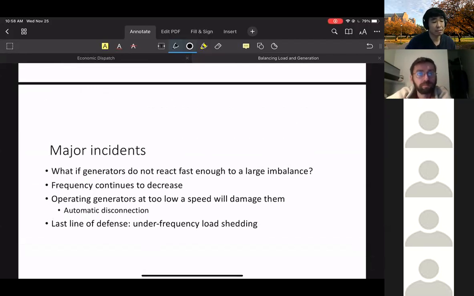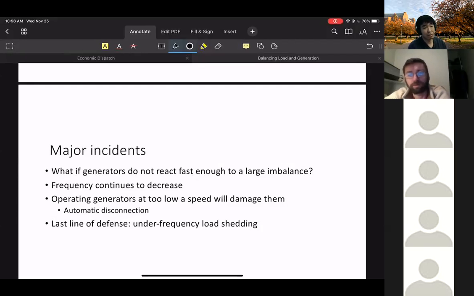Then the frequency drops too low. The generators actually cannot operate at a frequency that's too far away from 60 hertz. Okay, so you cannot have the frequency dropping very low and tell the generator, just power through and operate at this new operating point. Our mechanical synchronous generators cannot operate here. So what happens on the generator side is the generator will start to trip offline as a protection system.